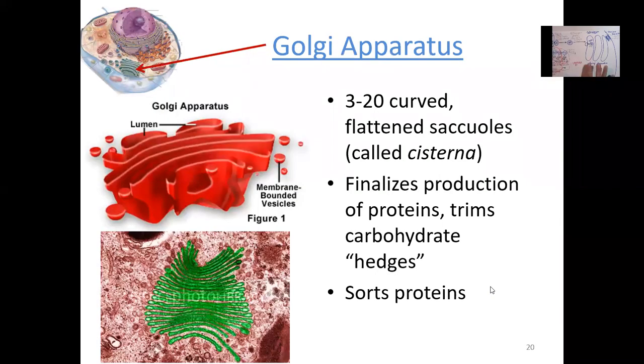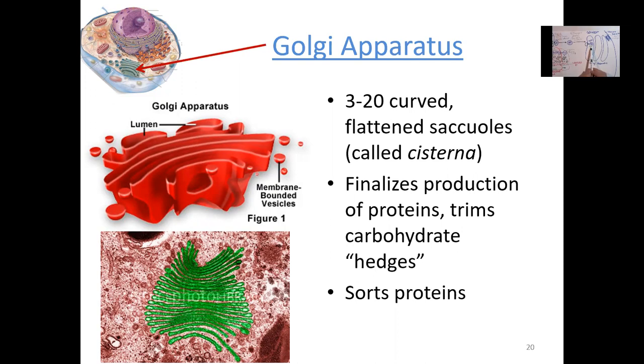The Golgi apparatus is a series of not interconnected, independent saccules. They're called cisterna for singular, cisternae for plural. Essentially, what the Golgi does is finish up the production of the proteins. Specifically, it is going to join together proteins that are meant to be together. In the biochemistry lesson, I told you that some proteins need a quaternary structure as well.